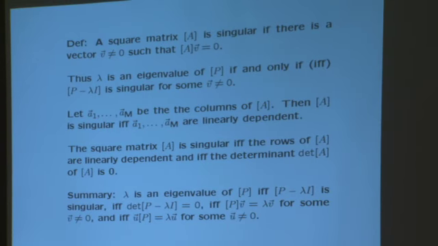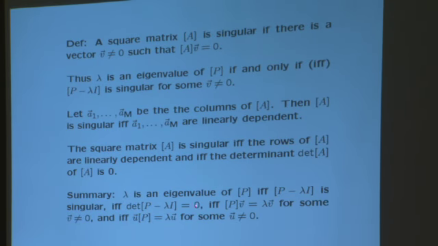Yes? So the second to last statement, is that linearly independent, is that true? The second to last, the square matrix A. No, we're above that. Oh, above that. The square matrix A is singular if and only if the rows of A are linearly dependent, yes. Dependent, yes.